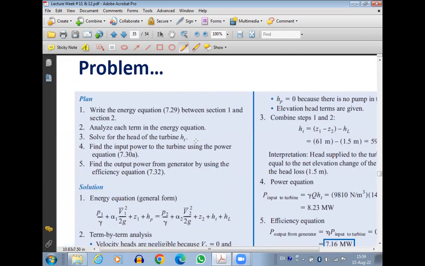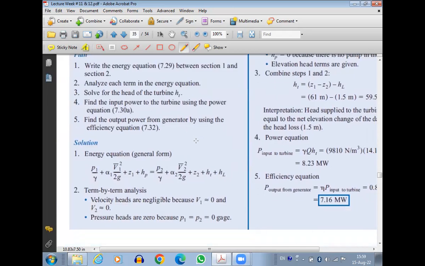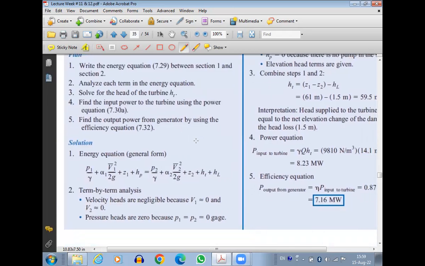So now let's apply the energy equation here. First of all, at point 1 and at point 2, the gauge pressures are 0. So P1 is 0, P2 is 0. Also the velocities here are 0.